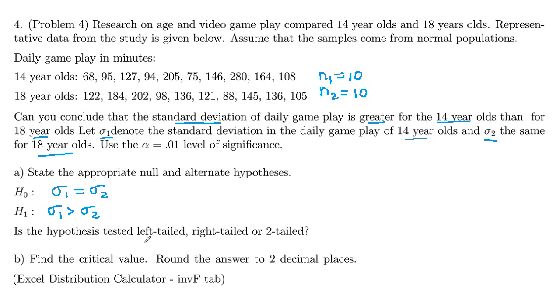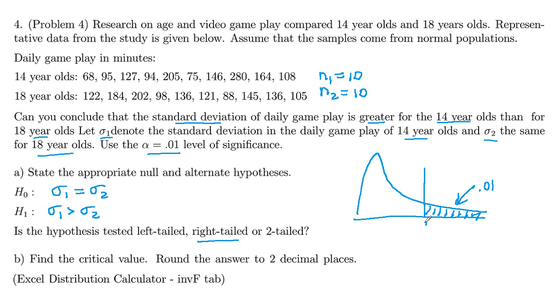Is a hypothesis test left tail, right tail, or two tail? So greater than is going to be right tailed. So let's sketch our distribution curve and our rejection region. So F distribution looks like this. We're testing at the 0.01 level. So our rejection region over here has got area 0.01.